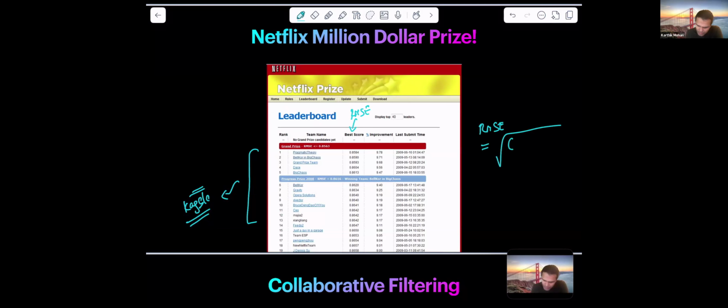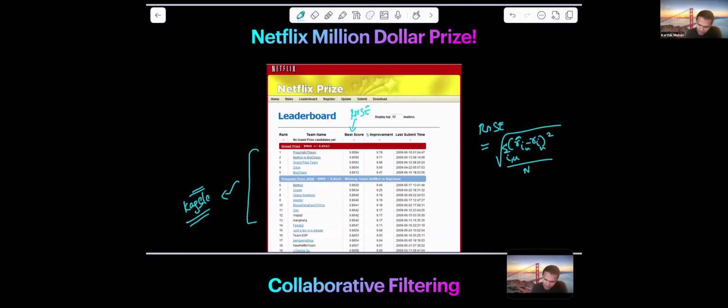So you would say, this is my rating for a movie, this is my predicted rating, and this is the true rating. Then you sum it up over all movies and users, actually, it's both users and movies, and divide by the total number of movies and users.